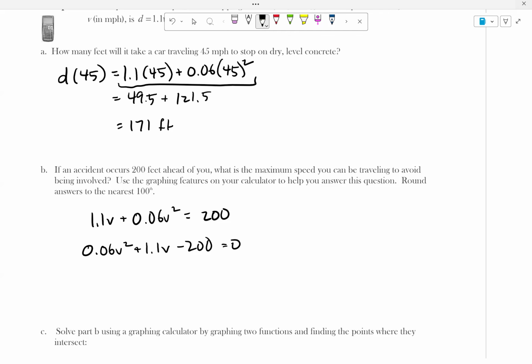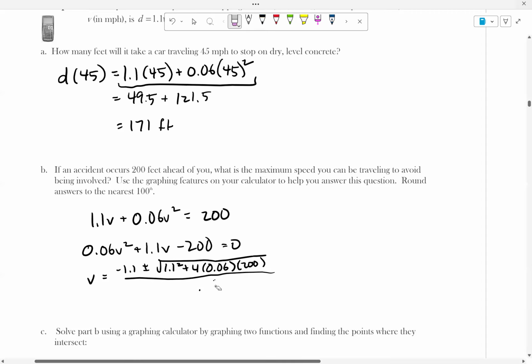So we use the quadratic formula: negative b plus or minus the square root of b squared minus 4ac. Notice instead of plugging in a negative 200, I have to make this subtraction a plus, then just write a 200 there, all over 2 times 0.06.